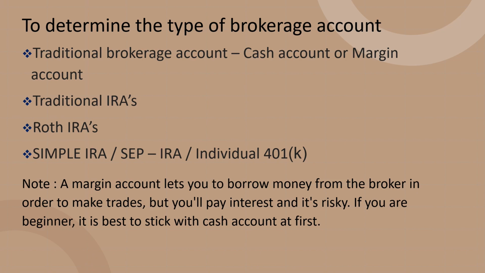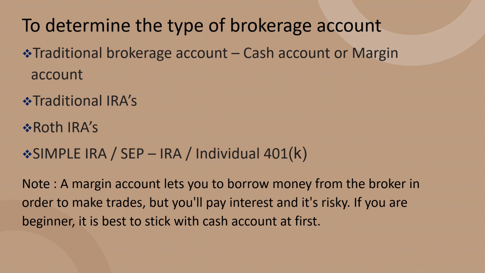We will be covering these retirement accounts in a separate detailed session. That will be a separate video covering all those aspects. So in this one, we will focus on the traditional brokerage account.